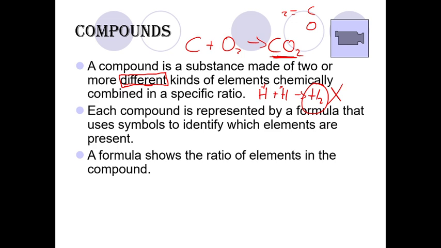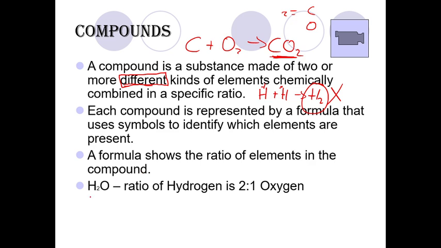Hence we say a compound is a substance made up of different types of elements chemically bonded in a specific ratio. The formula will show you the ratio of elements, and that will tell you what type of compound is formed. For example, H2O is made up of two hydrogens and one oxygen, so the ratio of hydrogen to oxygen is 2:1.